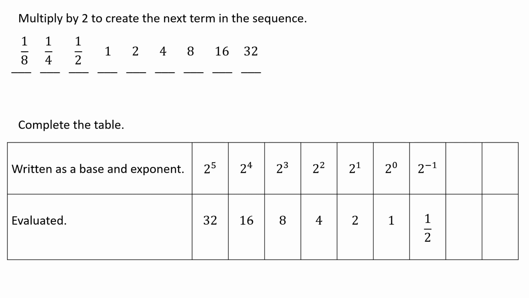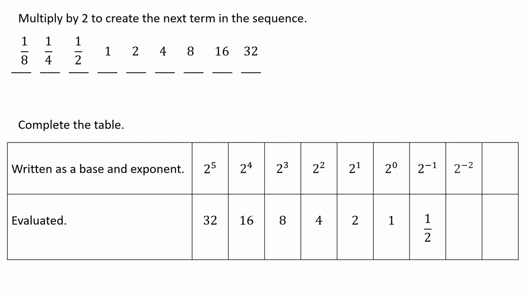When the exponent is positive, it's telling me how many times I'm going to multiply by 2. If the exponent is negative, it tells me how many times I'm going to divide by 2. Notice when the exponent is negative, we don't have a negative number. Instead, we have a reciprocal.